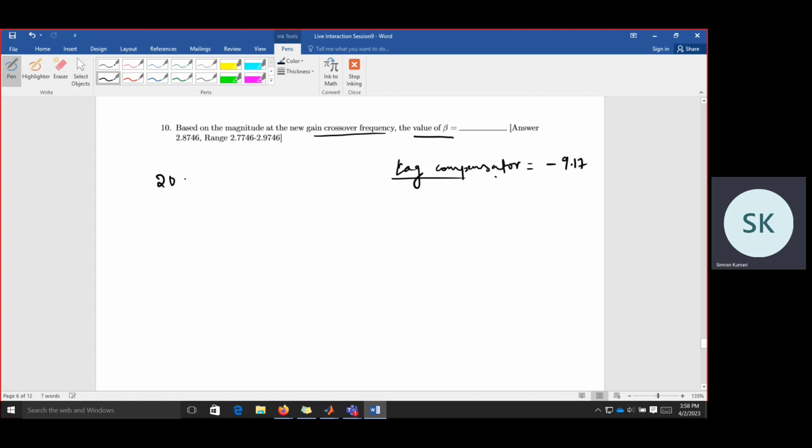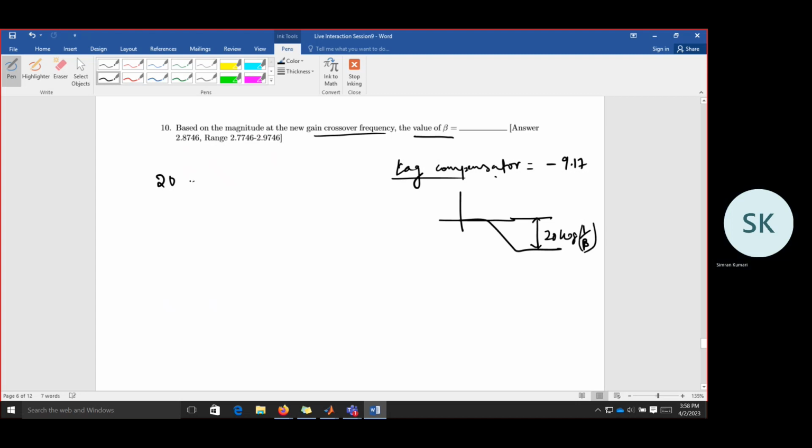So this 20 log 1 by beta would be equal to minus 20 log this G.